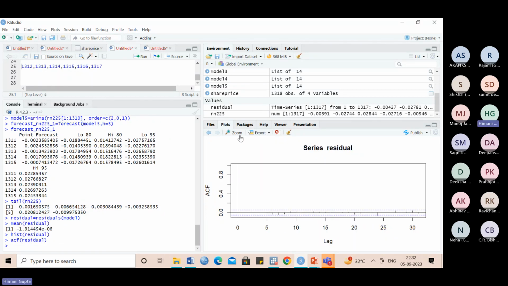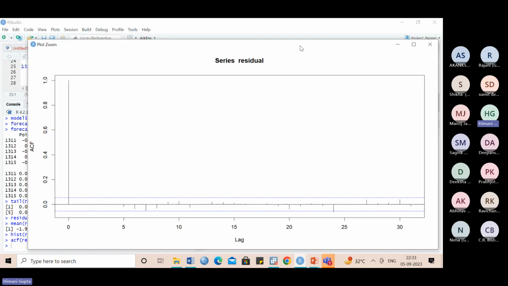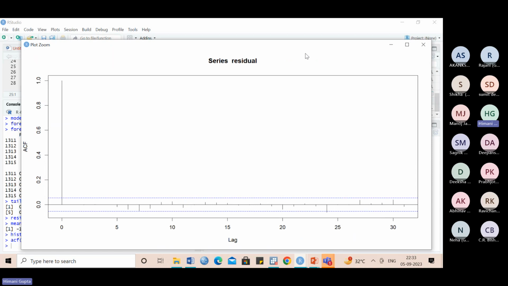Now you can see that all the spikes are within the control limit. Starting from here, no spike is crossing this line. Even here it is touching, but no spike is crossing the upper and lower limit. So that means there is no autocorrelation among the residuals. Always remember, for residuals we use ACF, and for the independent and dependent variable lag, we use the PACF.